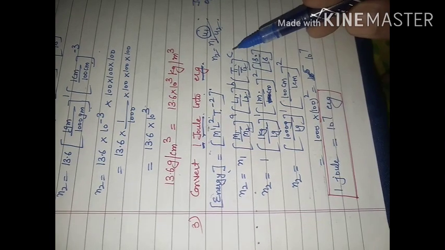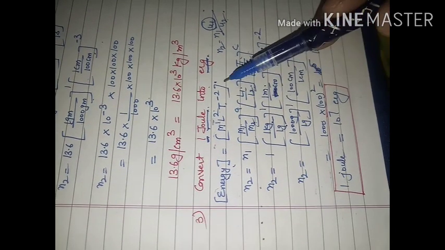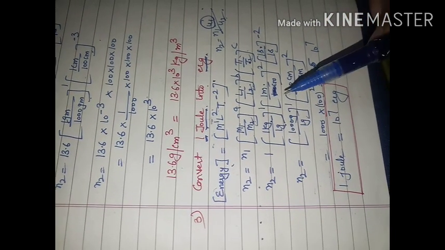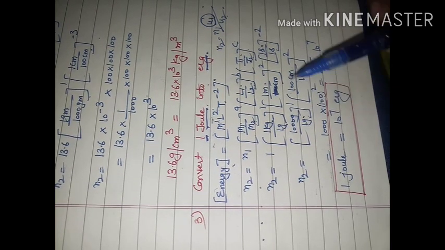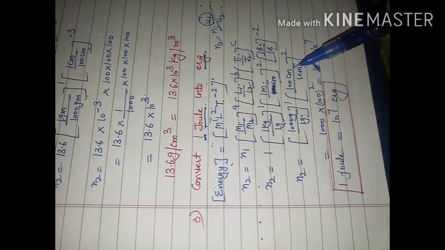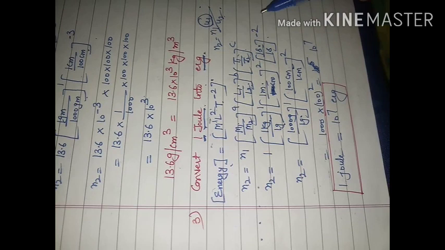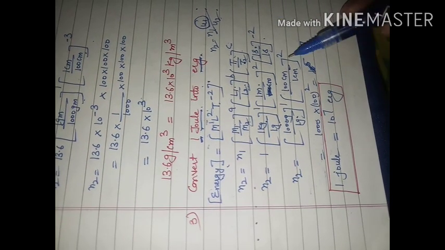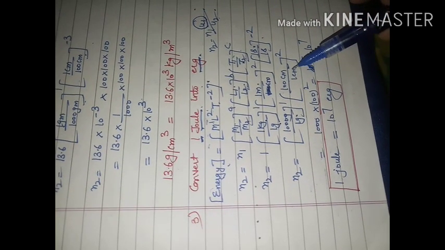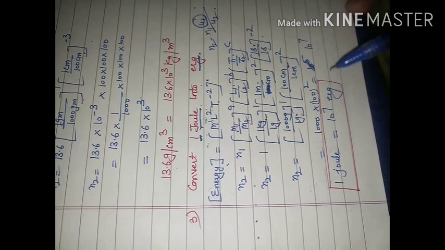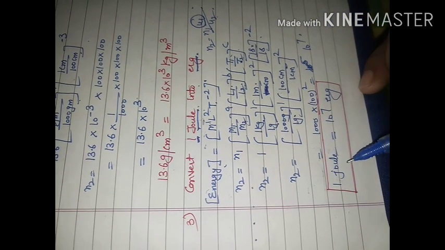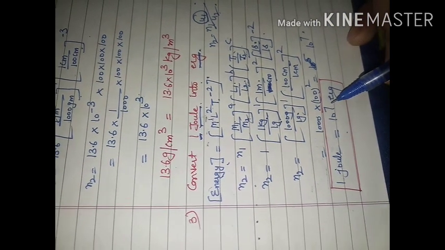A, B, C dimensions will be 1, 2 and -2. Replace kilogram by 1000 gram, 1 meter by 100 centimeter. When you will solve it, it will give you 1 only. So when you will solve this equation, you will be able to get 10 raised to power 7. So 1 joule is equal to 10 raised to power 7 erg.